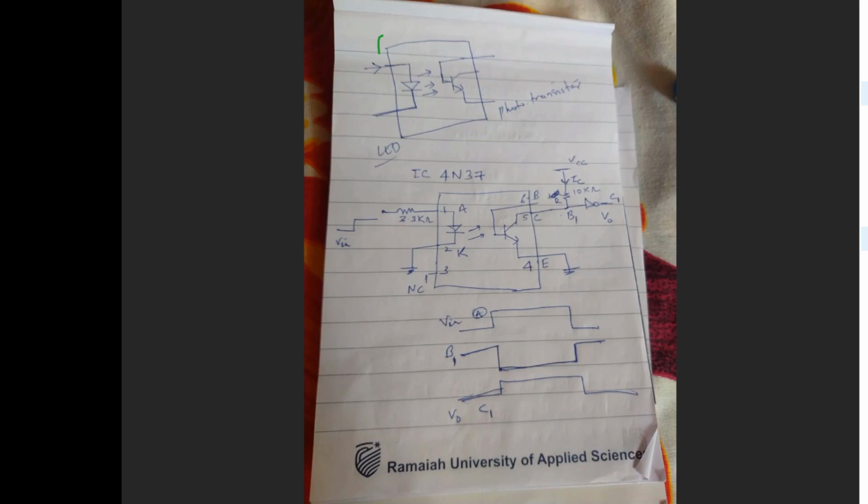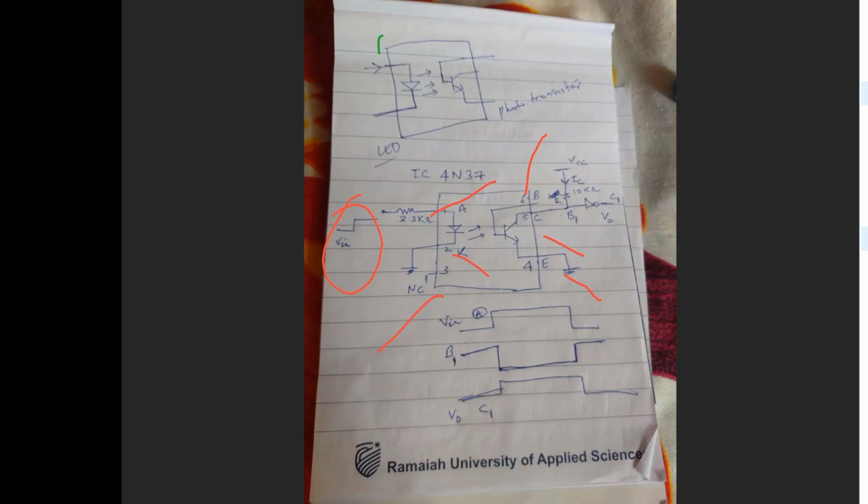So here is the example, a 6-pin IC. Pin number 1 and 2 are connected between the anode and cathode of the LED, and pin number 3 is not connected. Pin number 4 is connected to the emitter, and pin number 6 is connected to the base. Whenever the input V in is given, it is given through a resistor, because you need to control the current flowing through the LED.